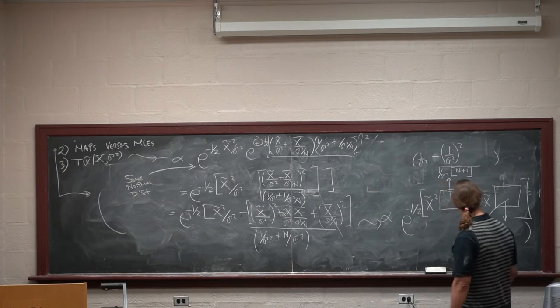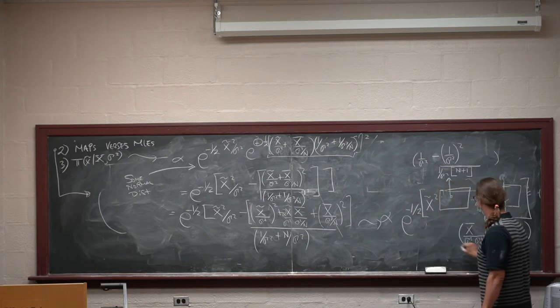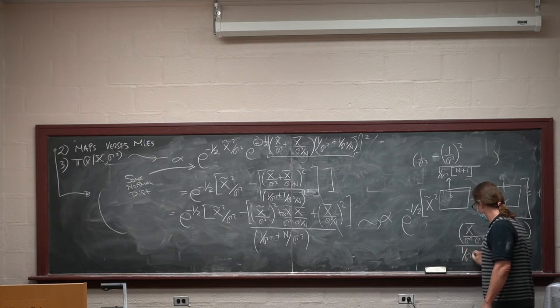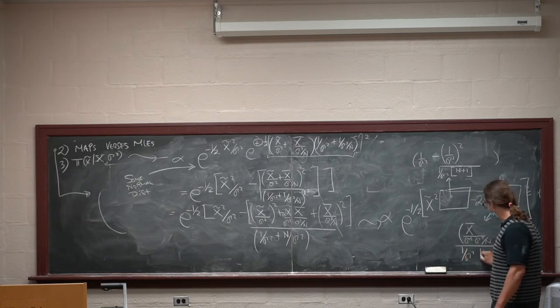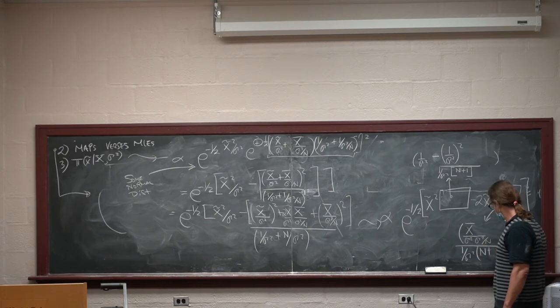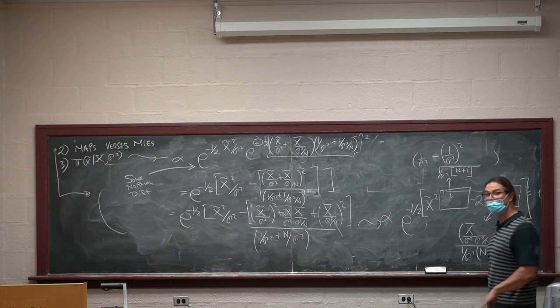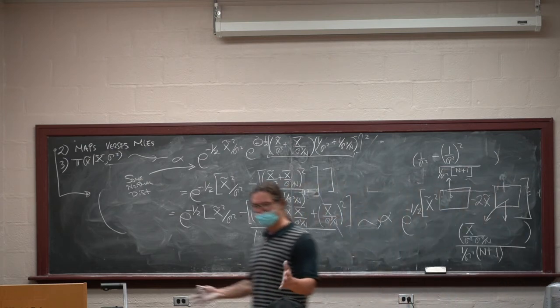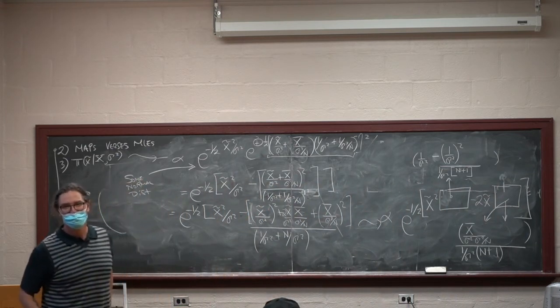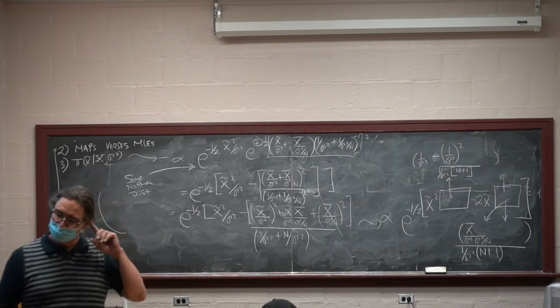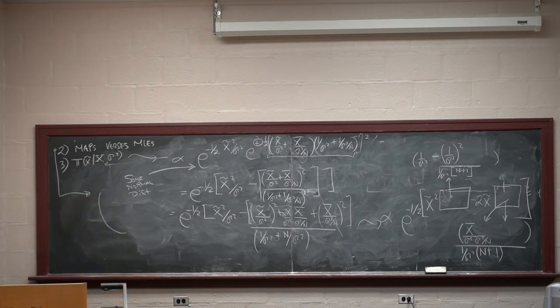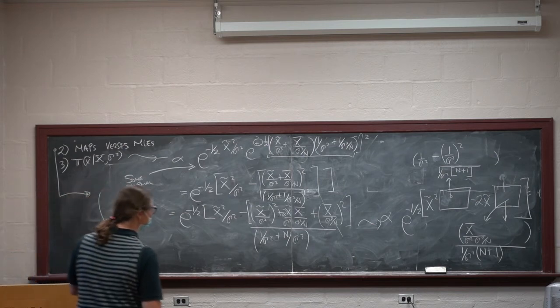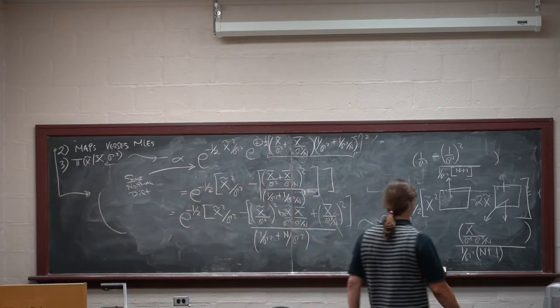And then we have this other thing right here that it's all dividing into. So this is going to be 1 over sigma squared, and there's going to be an n plus 1. You can use multiplication instead. Yeah, I probably should have. Okay. So with some luck, this will actually work out.